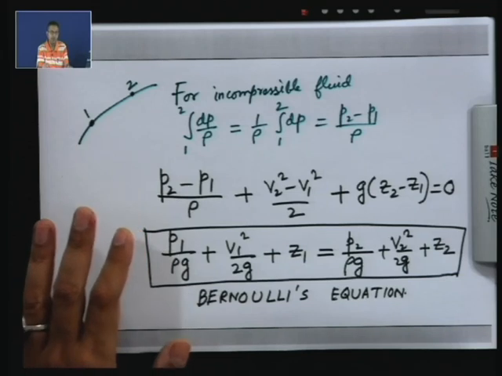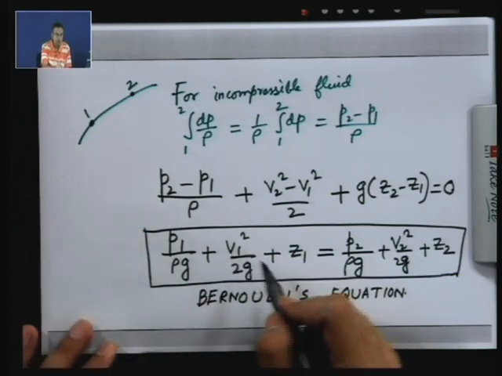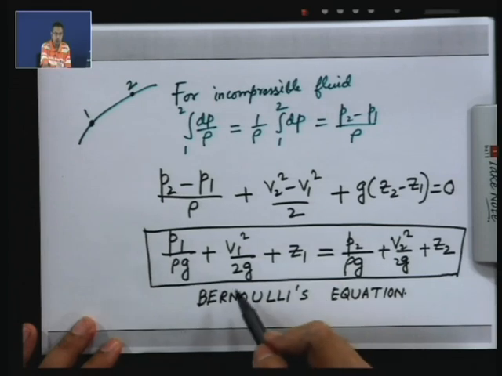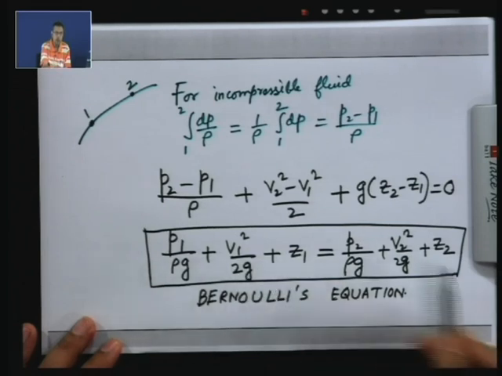So, you can see here that what we have done is we have considered that the points 1 and 2 are located along the same streamline, but even if your points 1 and 2 would not have been along the same streamline, it would have worked provided it was irrotational flow.